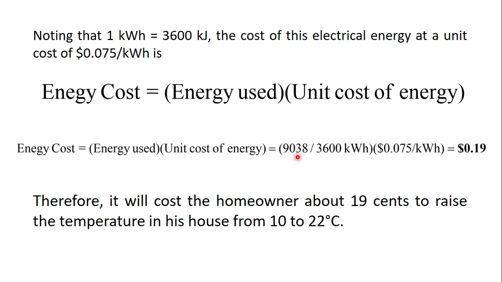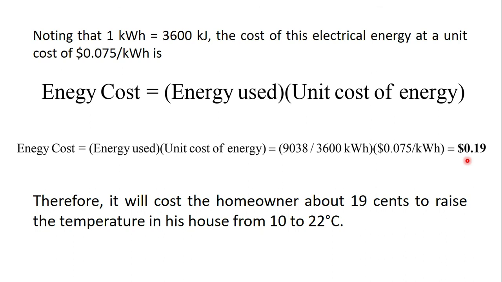When you convert this kilojoule unit into kilowatt hour, you have to divide it by 3600. So this parameter has overall unit of kilowatt hour, and if you multiply it with the unit cost of energy, that is 0.075 per kilowatt hour, the kilowatt hour will be cancelled, so the overall answer will be $0.19.